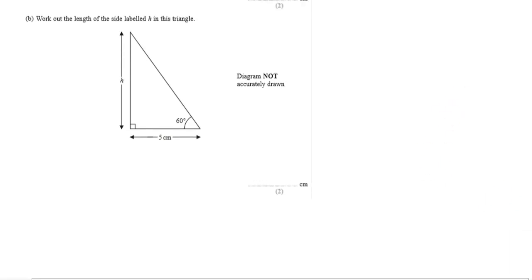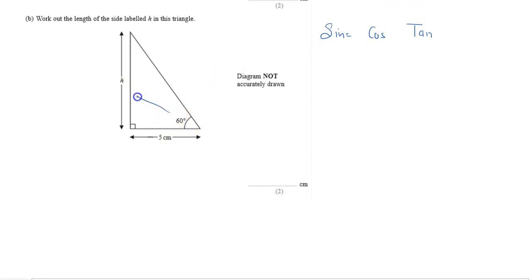Now next, part B: work out the length of the side labelled h. Now this is a right angle triangle, but to use Pythagoras' theorem, at least you need two sides. Here only one side is given. Now we use the sine, cos and tan rule.